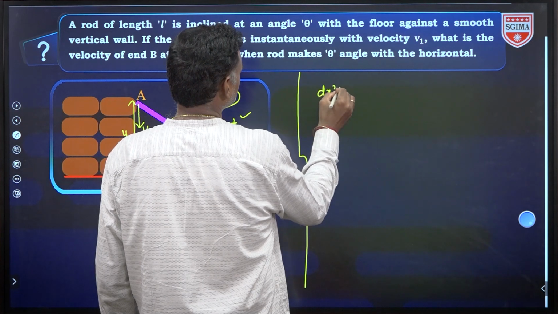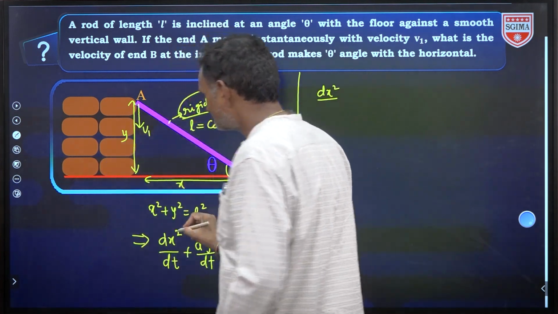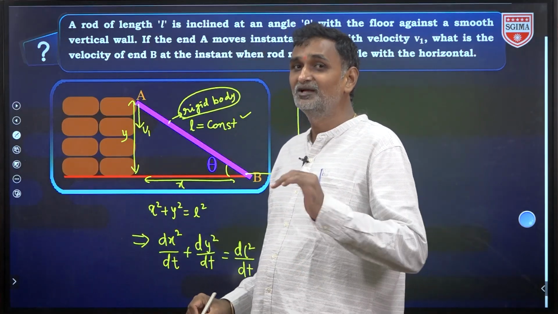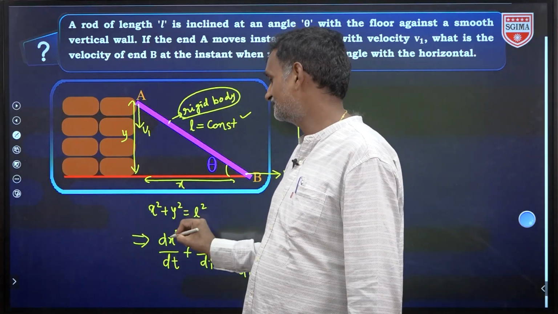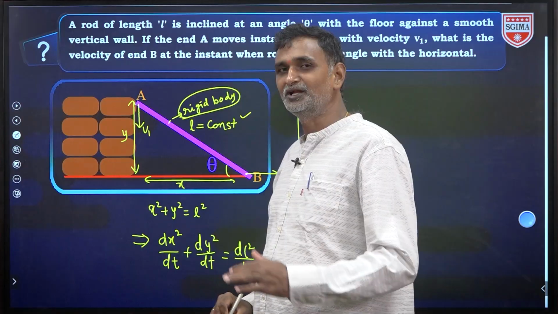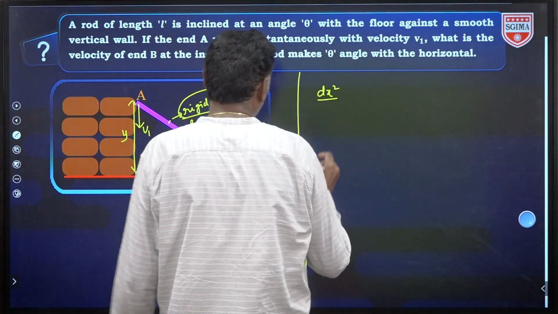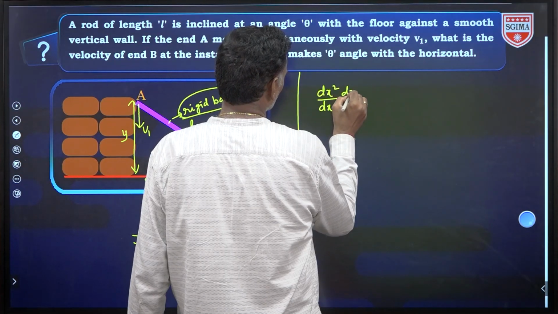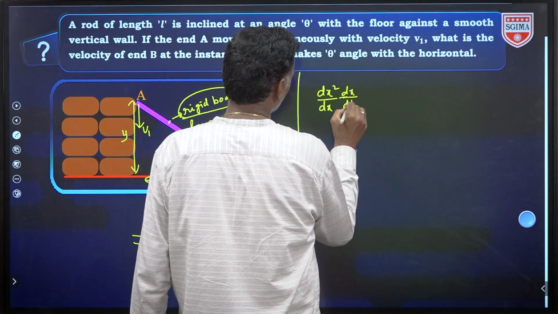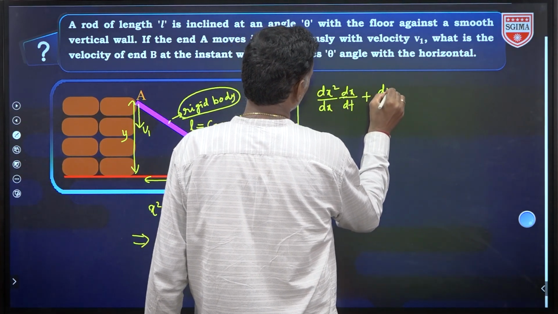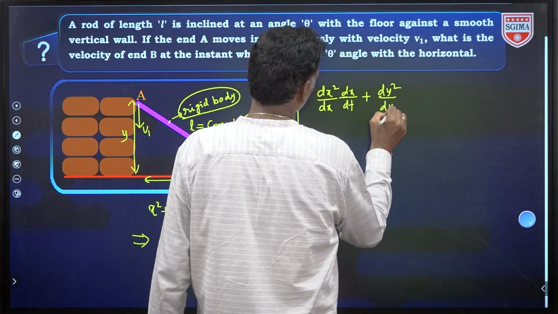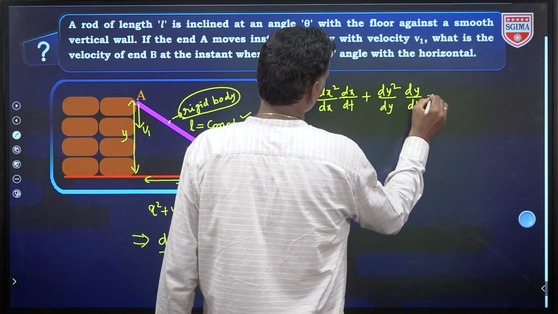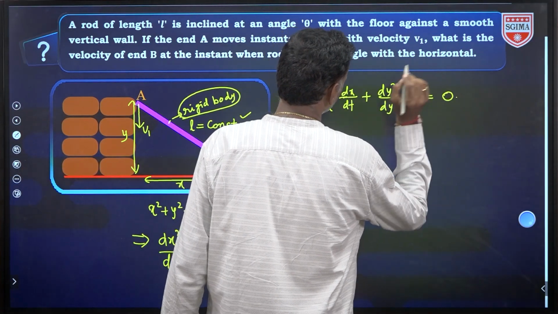Here x square is there, so we can't differentiate directly with respect to time, because it is a mixed function. So, we need to follow the chain rule, which can be applied like this: d(x square)/dx times dx/dt plus d(y square)/dy times dy/dt equals 0.